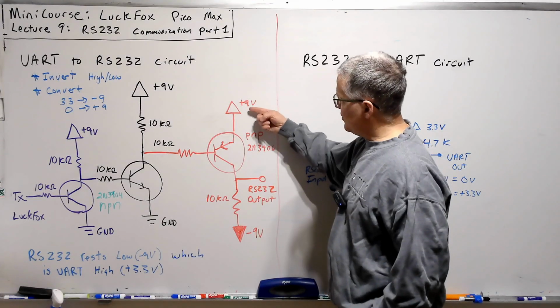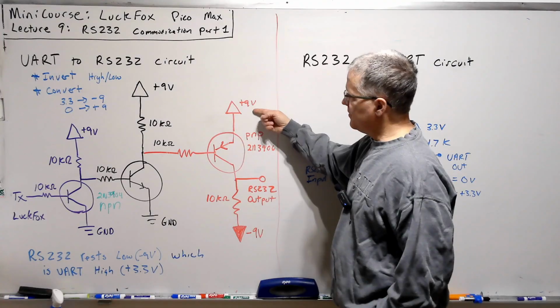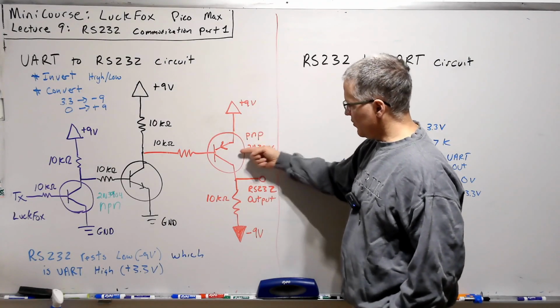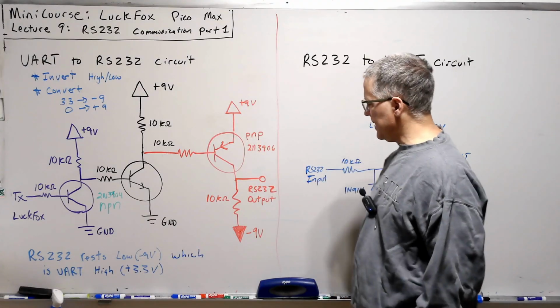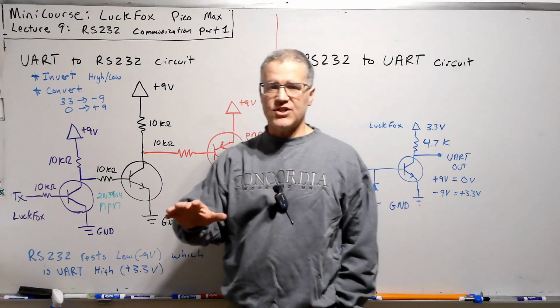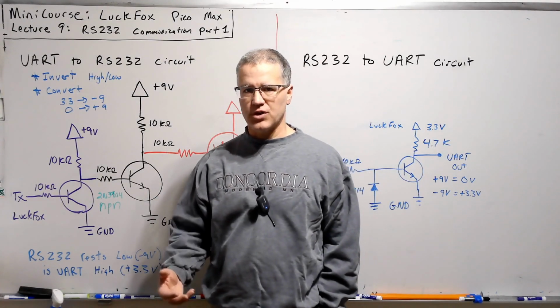This is also tied to the positive line, so that could be a little bit confusing, although it's always set up in this way for a PNP. Okay, so let's follow the flow of the logic, and I think you'll see why this circuit works well.